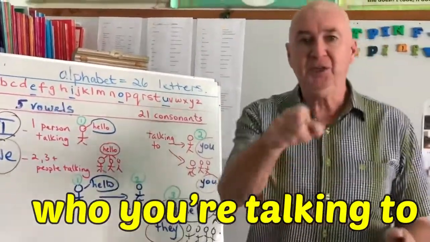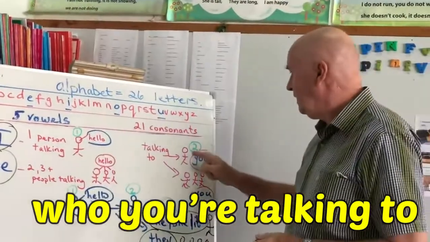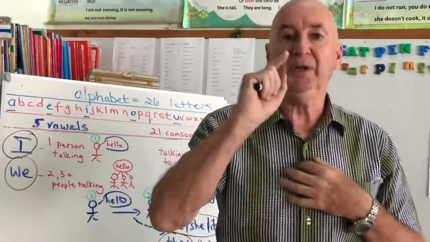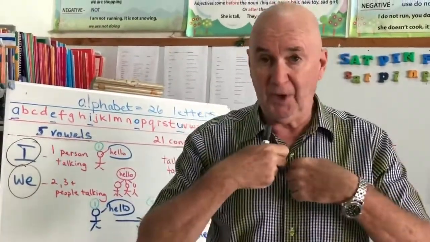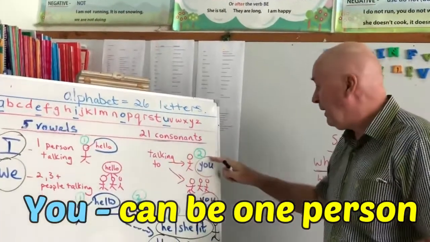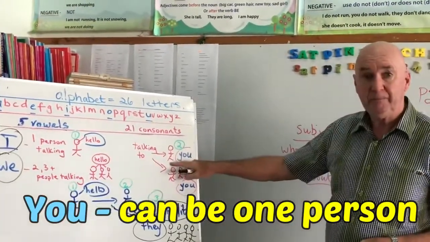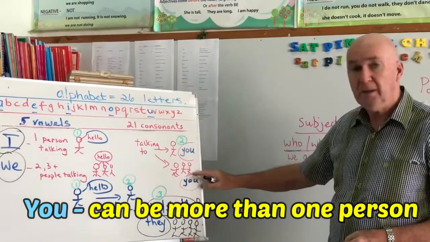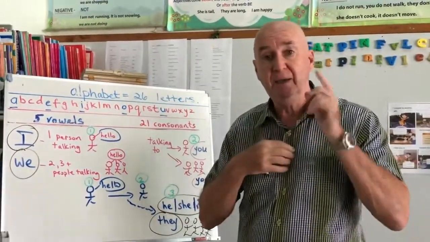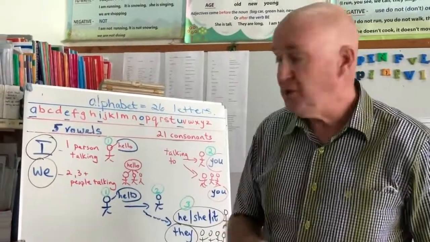Now, who you're talking to is number two, and is you. Like now, I am talking to you. Number one, I, to you, number two. And you can be one person, or you can be more than one person. So the person talking is I, who you're talking to is you.